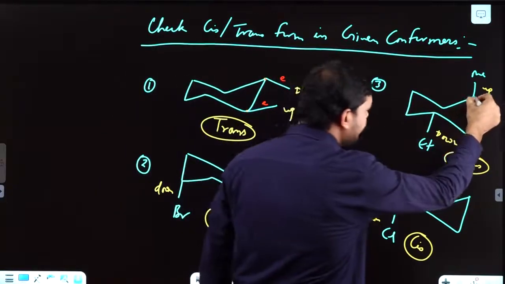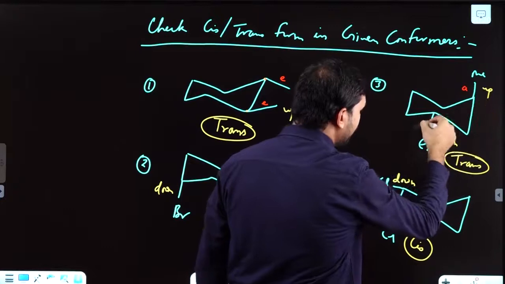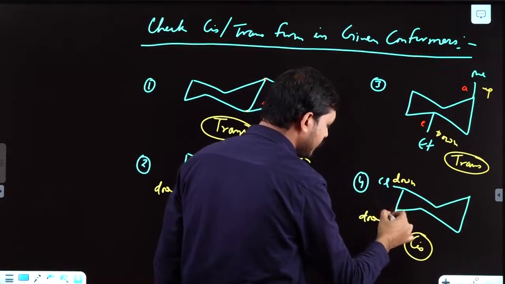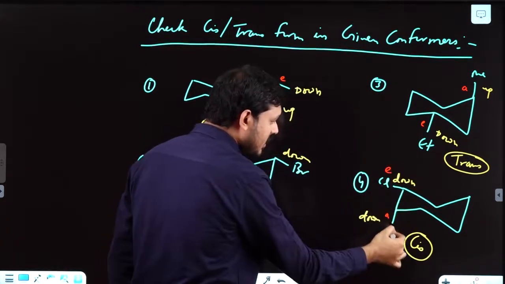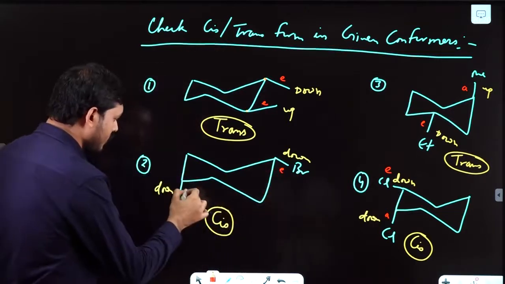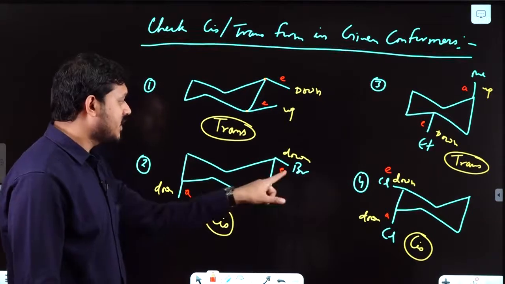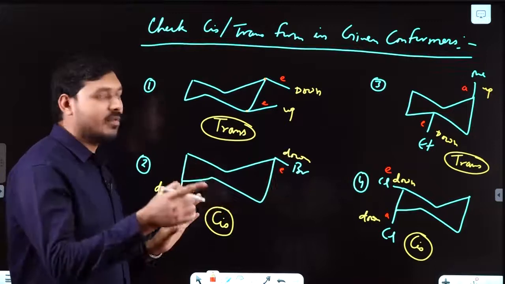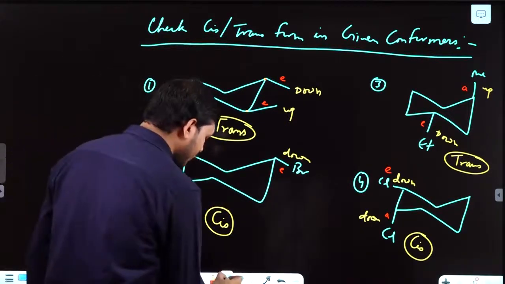Here I can say, this is your axial, this is your equatorial, this is your equatorial, this is your axial. So here, if you are asked whether this form is equatorial or axial, I have given you the marking as per what I have already taught you in the last example.